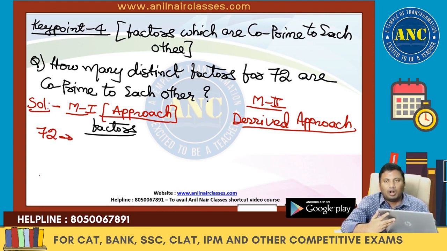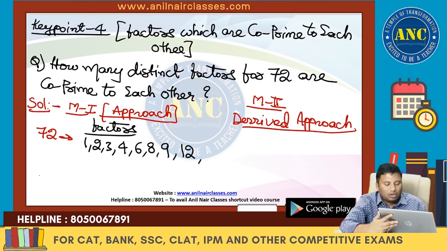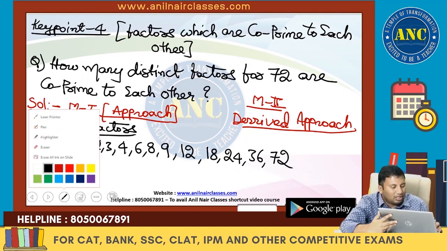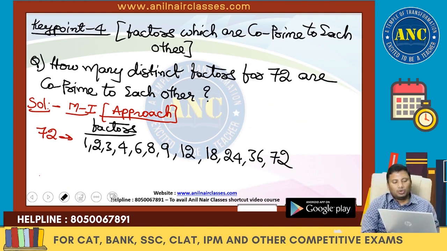Let me write down all the factors of 72. 1 is a factor, 2, 3, 4, 6, 8, 9, 12, 18, 24, 36, 72 are factors. Am I right?